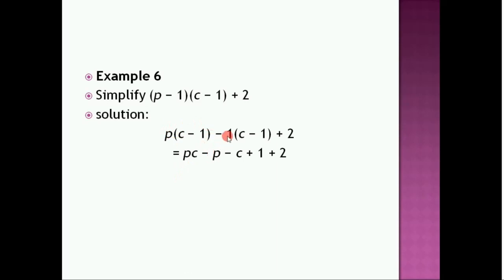When I multiply minus 1 with the terms in the bracket, due to this minus the signs change. C becomes negative and minus 1 becomes positive, then plus 2. Here: pc minus p minus c plus 3. We add only these two terms, 1 and 2, because these two are constants.